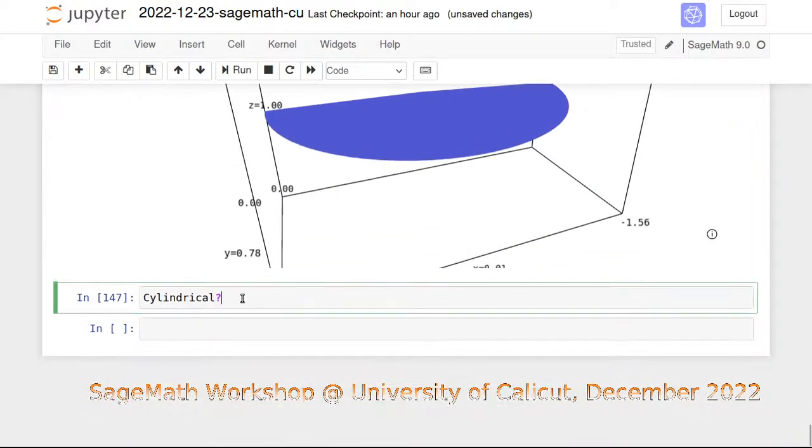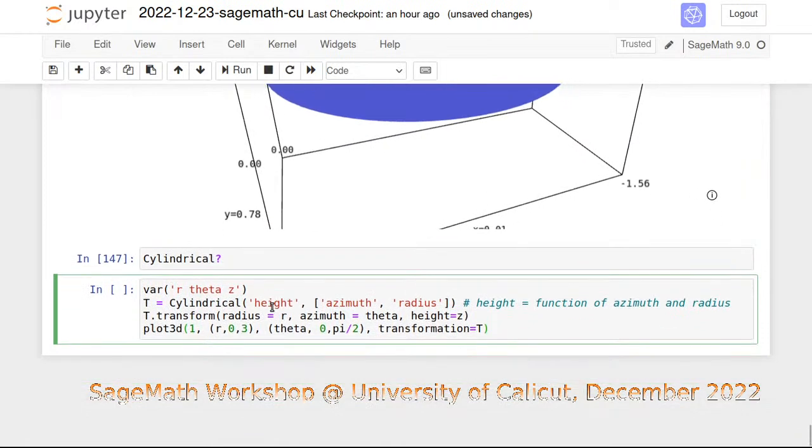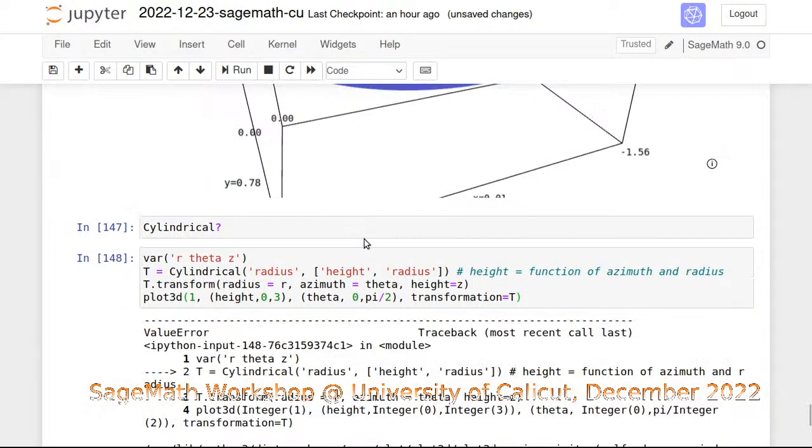Now suppose we use r theta z. Suppose we use the radius here and height here. Then we cannot change this radius. Radius is a dependent variable. So let us use height. Therefore the function is 1. Radius is 1. Okay.